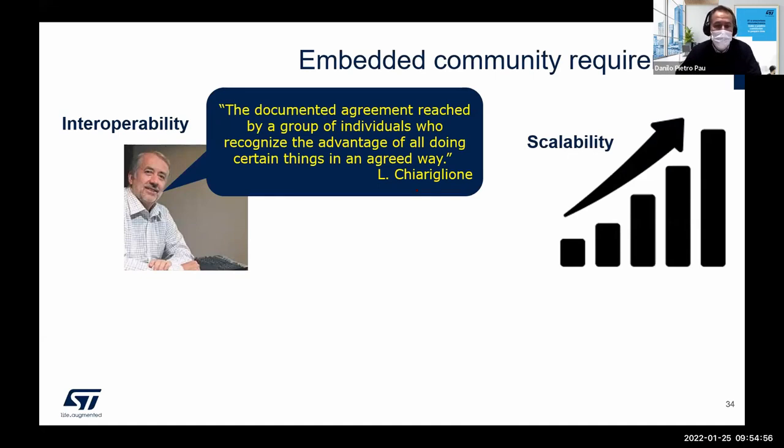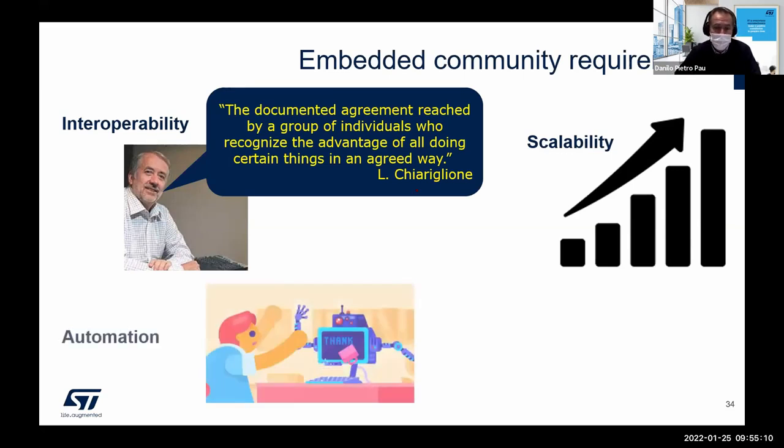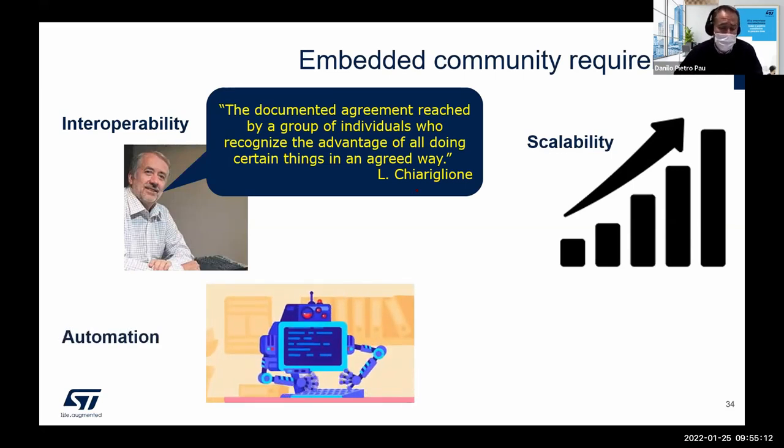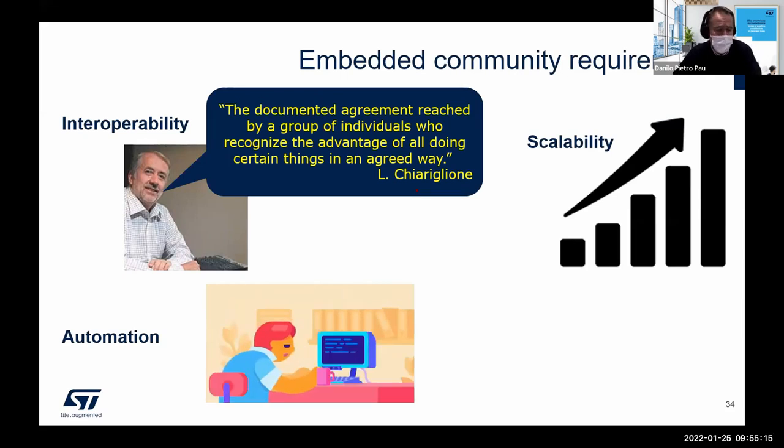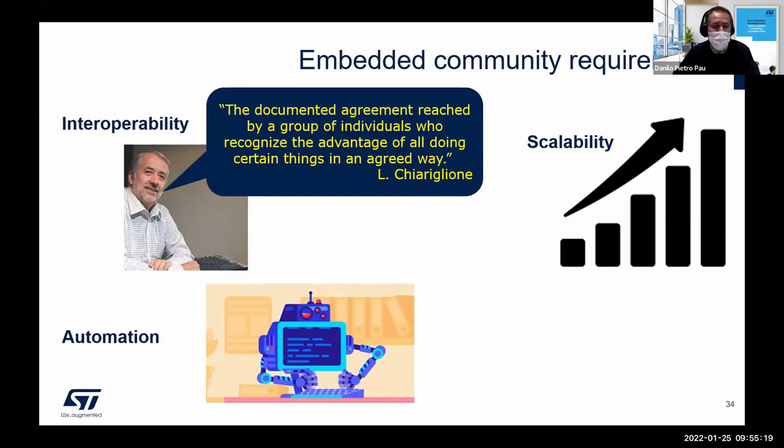We cannot find a solution which serves only a few customers. We need to find solutions which scale along the number of devices, not the number of customers, which will be deployed in the field. Third, automation. This is clear. We need to automate the process as much as possible in all the steps.